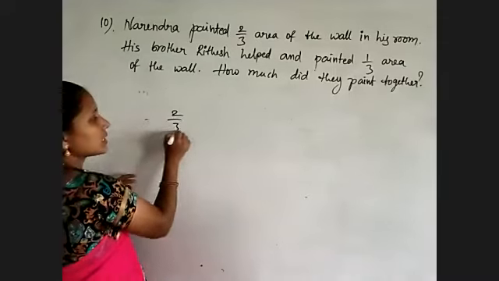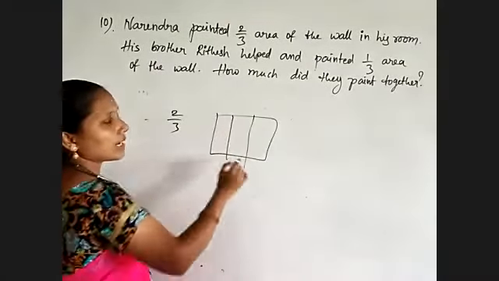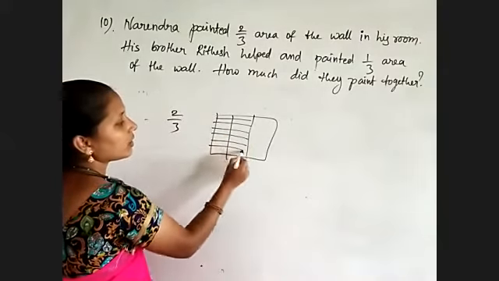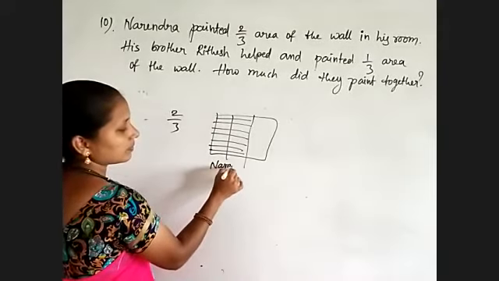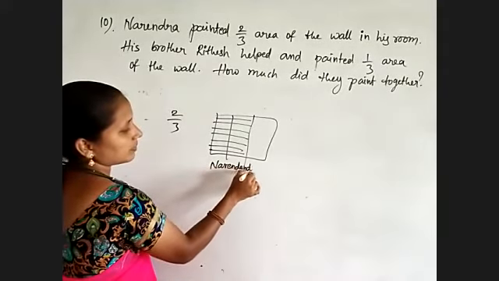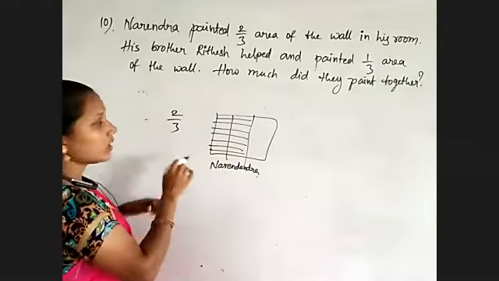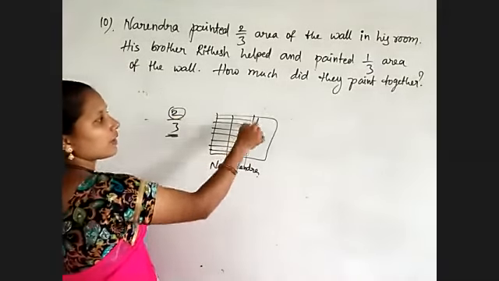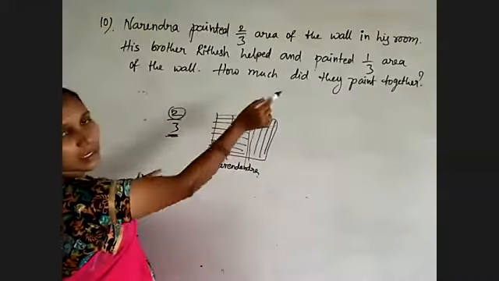2/3 in the sense that the wall is divided into 3 equal parts, and these 2 parts are painted by the first person, Narendra. 2 out of 3 equal parts painted by Narendra. Out of 3 equal parts, 2 are painted. Remaining only 1 we have, yes or no? And this 1/3 was painted by Ritesh.